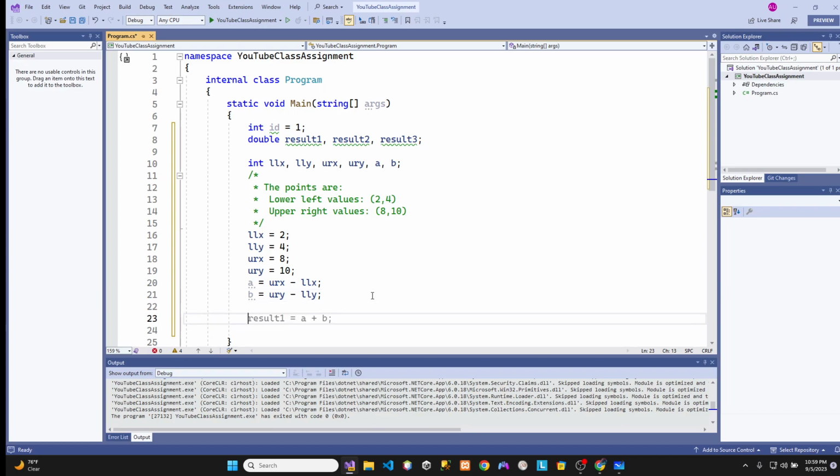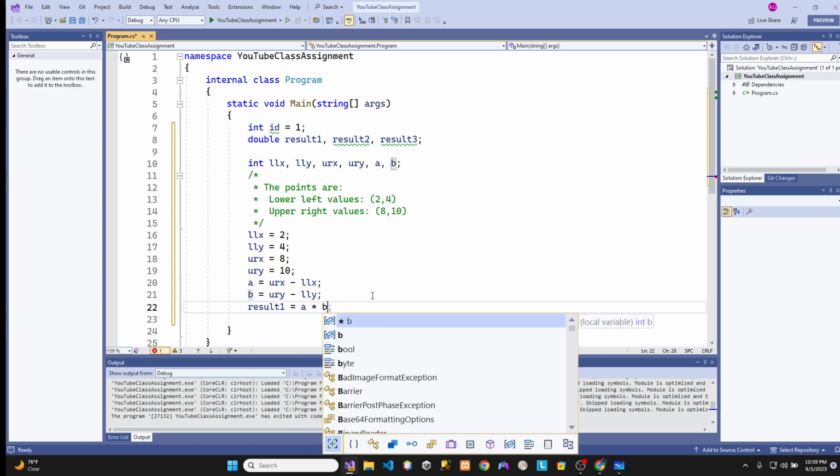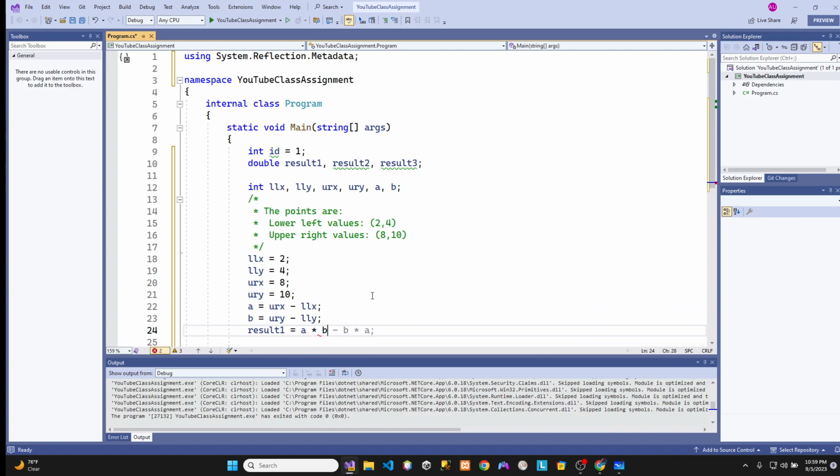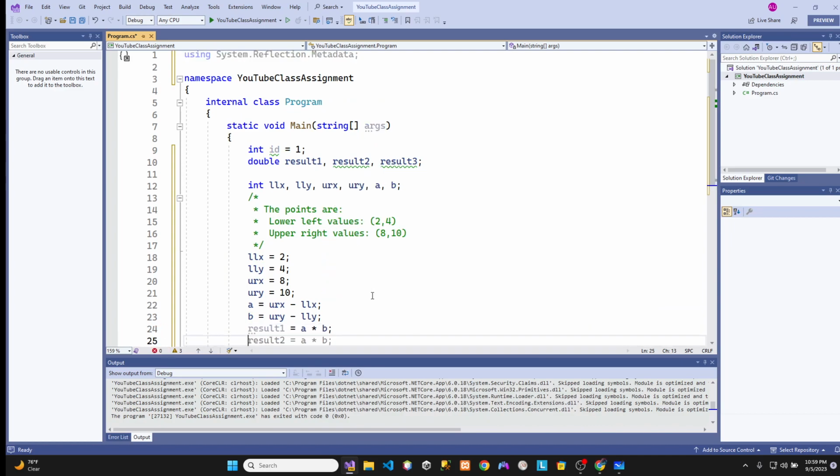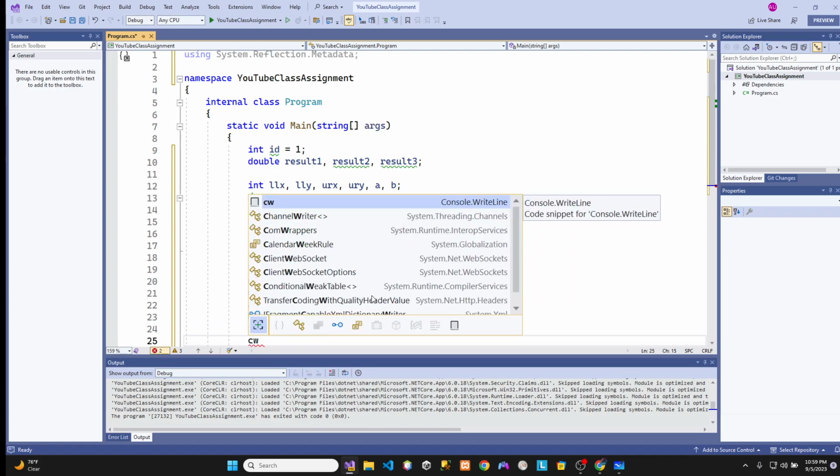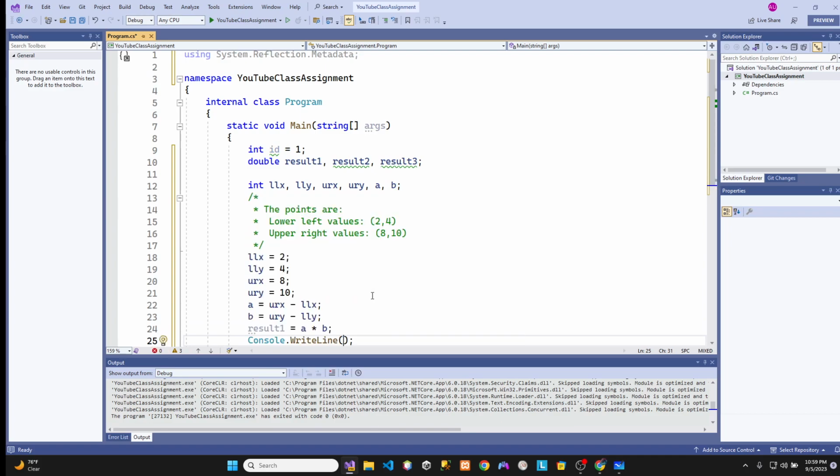And we can make sure by saying result 1 equals a times b, and console dot, or instead of writing the whole thing, just put CW, press enter.